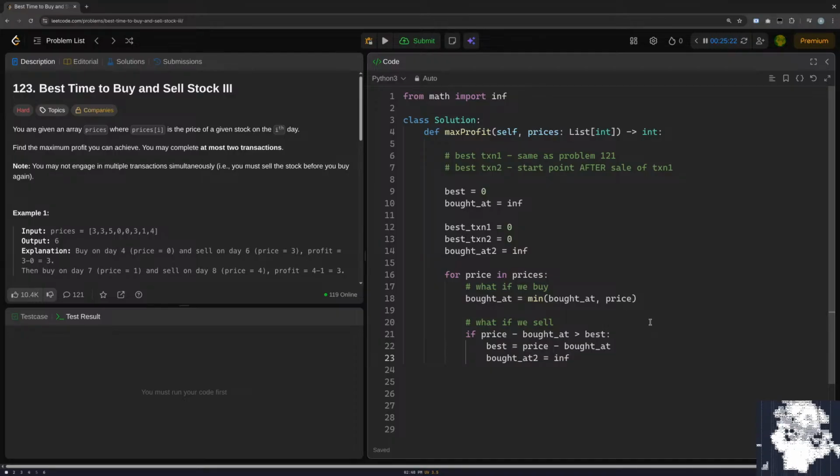No, it can't do that. That should only do that. Oh, come on. Why am I having so much trouble with this?